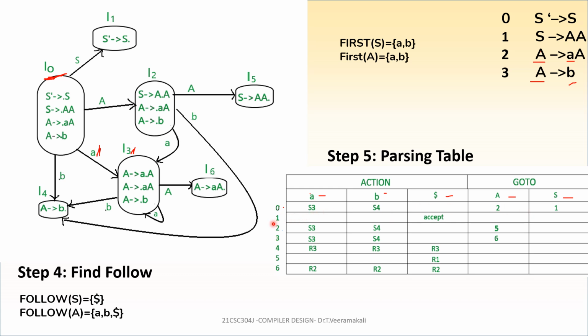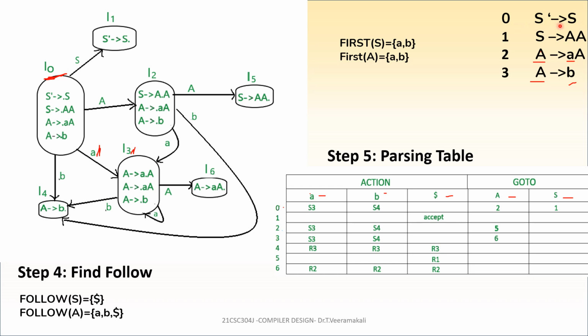And if you take the second one, from state one, you don't have a B or anything, you have a final state. Okay, so the final state is S' tends to S. So this is the production rule, right?